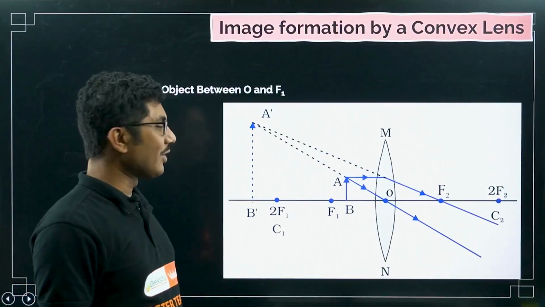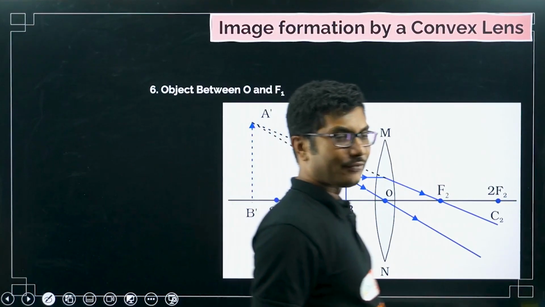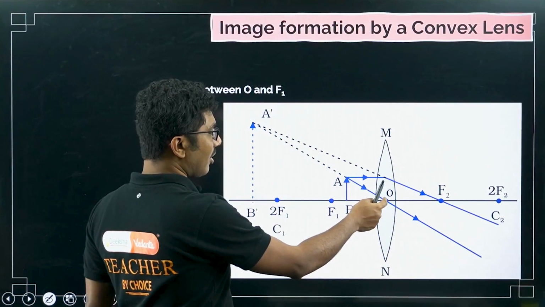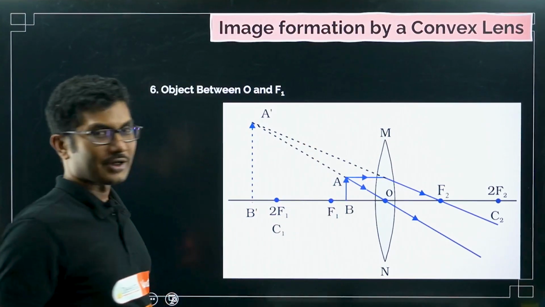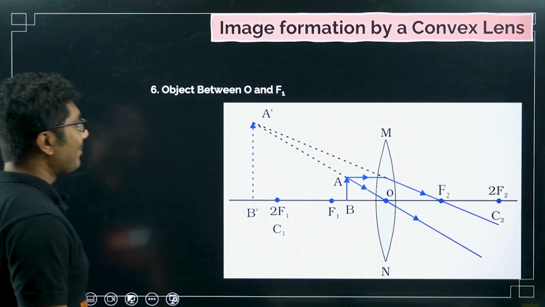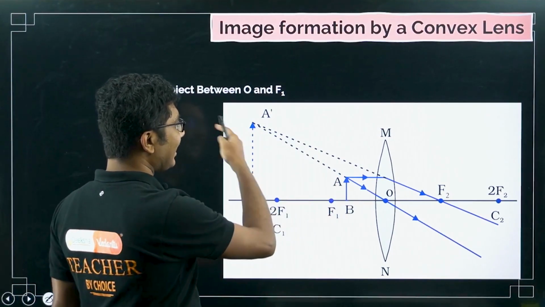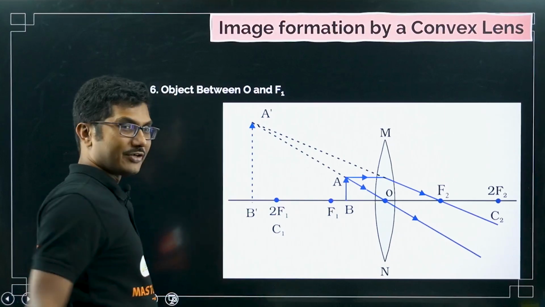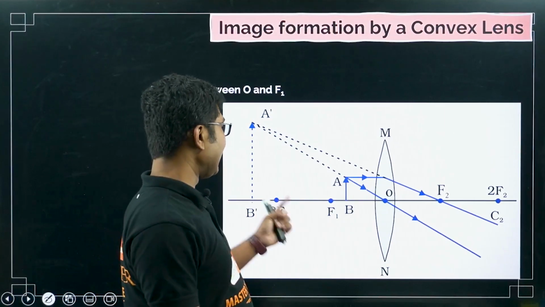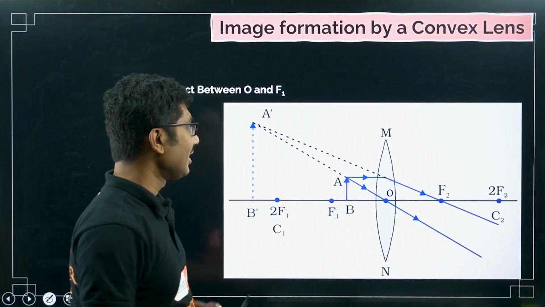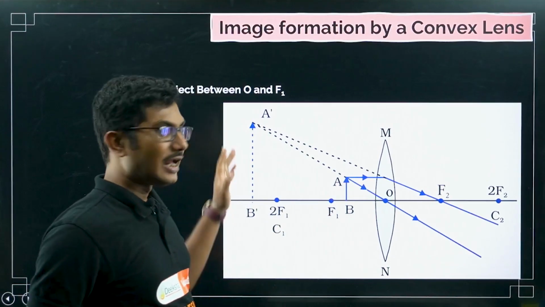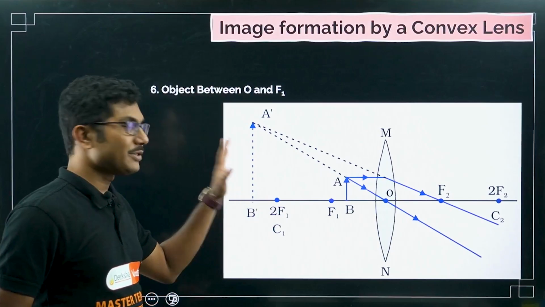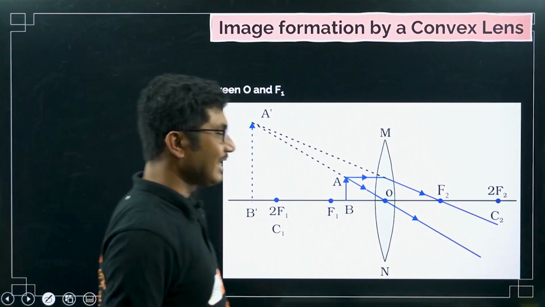Next, now you have crossed the F threshold and you are between the optical center O and the first focus. Then what will happen? In this case you will get a virtual and upright image, virtual and erect, and it will be behind the object, on the same side as the object. This is a virtual image, this is an upright image, it is an enlarged image.